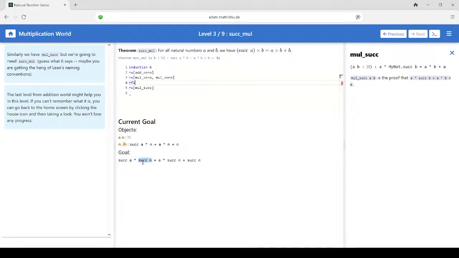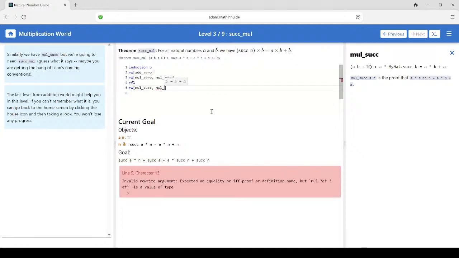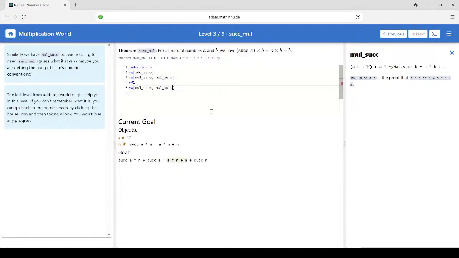The successor of A times the successor of N becomes the successor of A times N plus the successor of A. But I could do it again, right? Yep, and that turns A times the successor of N into A times N plus A.